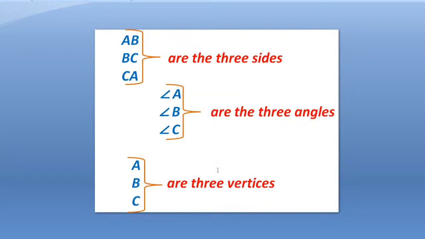Where AB, BC and CA are the three sides, angle A, angle B and angle C are the three angles of the triangle, and A, B and C are three vertices.